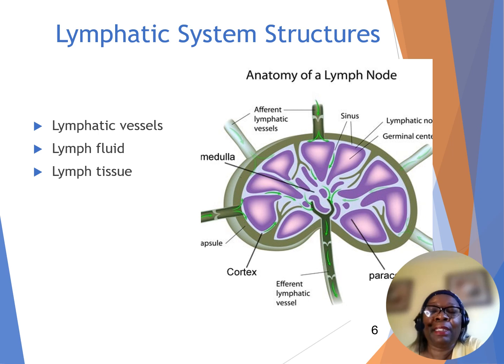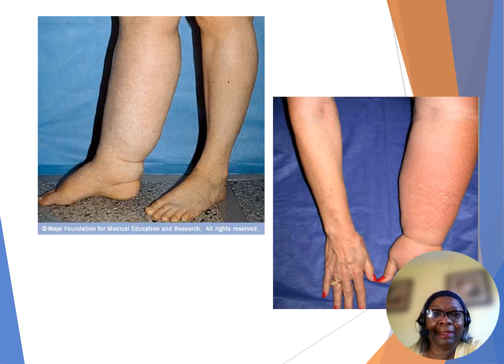This helps to maintain fluid balance within the body. The lymph node, again, has a remarkable resemblance to the kidney, and it also filters the lymph fluid as the kidney filters the blood. Isn't that interesting? Look at the body. Look at the body.